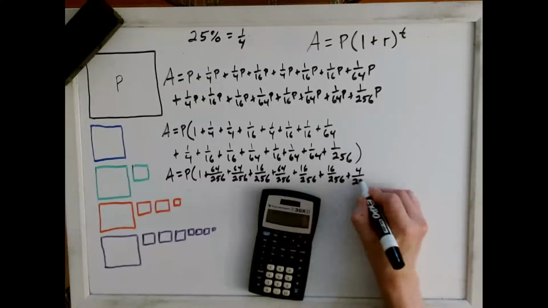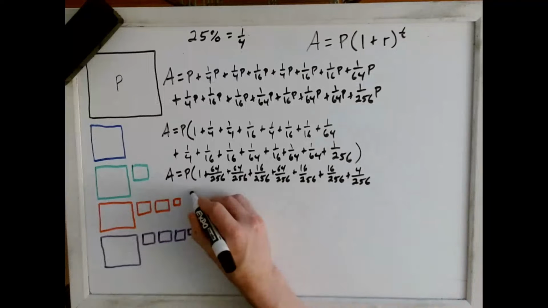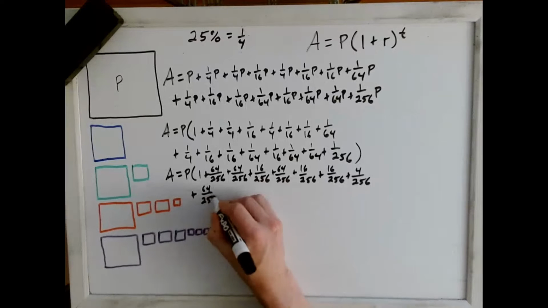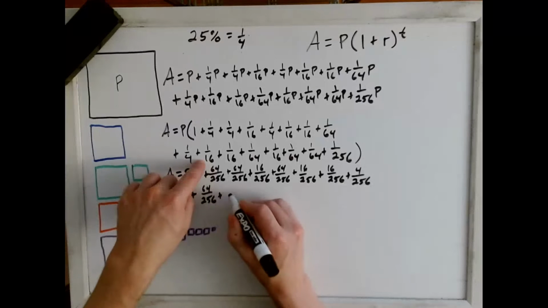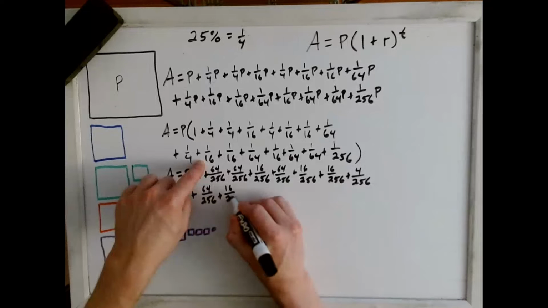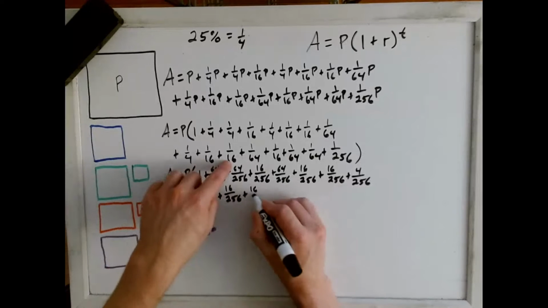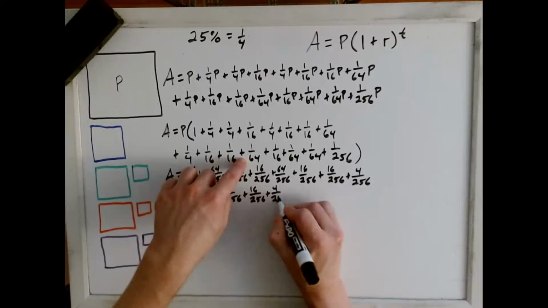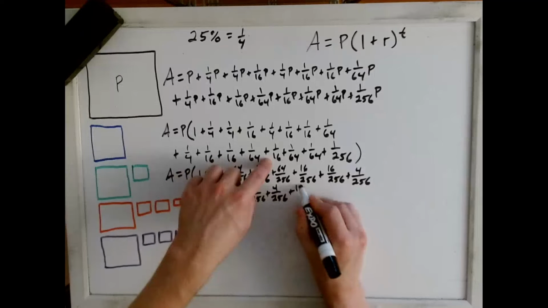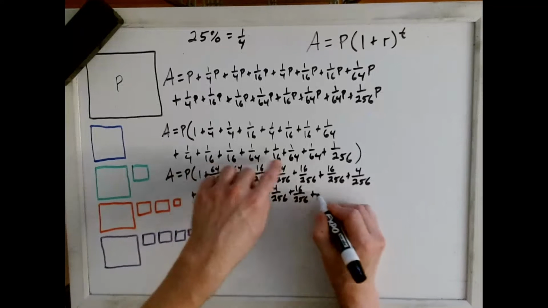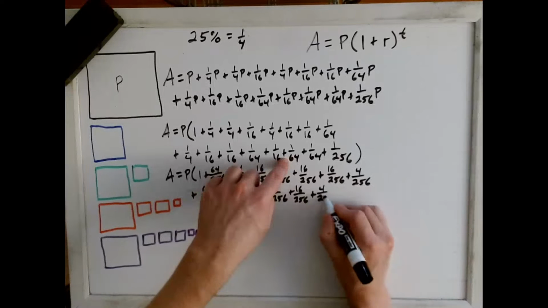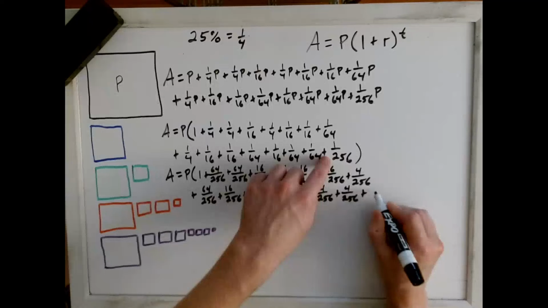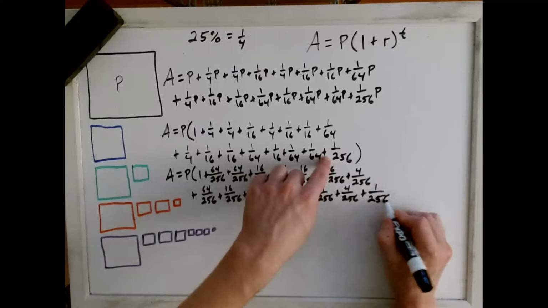That's 4 over 256. And here we have 1/4, which is 64 over 256. 1/16 is 16 over 256. 1/64 is 4 over 256. 1/16 is 16 over 256. 1/64 is 4 over 256. 1/64 is 4 over 256. And last, our 1/256.